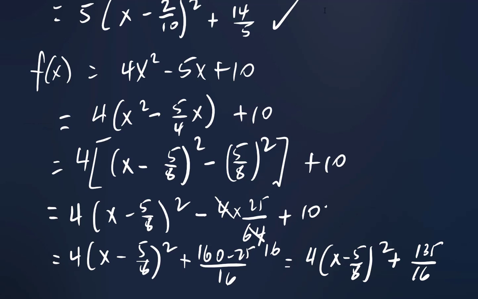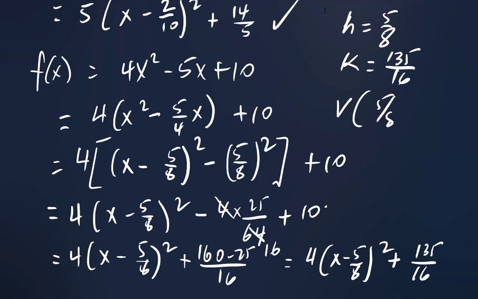We can leave it in this format, and we say that we have h is equal to 5 over 8, k is equal to 135 over 16, and then the vertex is 5/8 and 135 over 16, and then the axis of symmetry x is equal to 5 over 8.